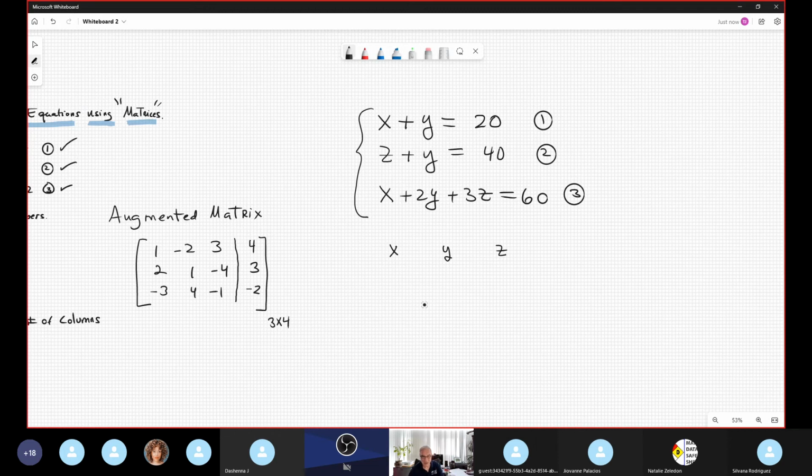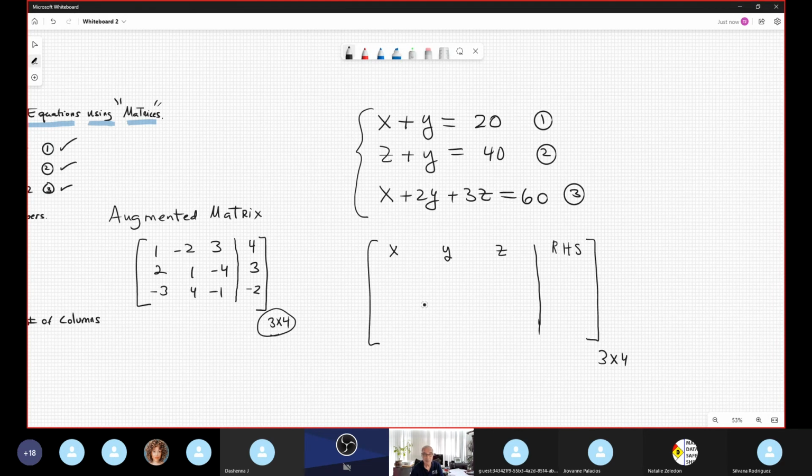And you separate by the line, and you put here the right-hand side, right? Okay, we are ready. We expect the answer to be 3 by 4, exactly the same as this. 3 equations, and 4 columns: the column of the x, the column of the y, the column of the z, and the column of the right.